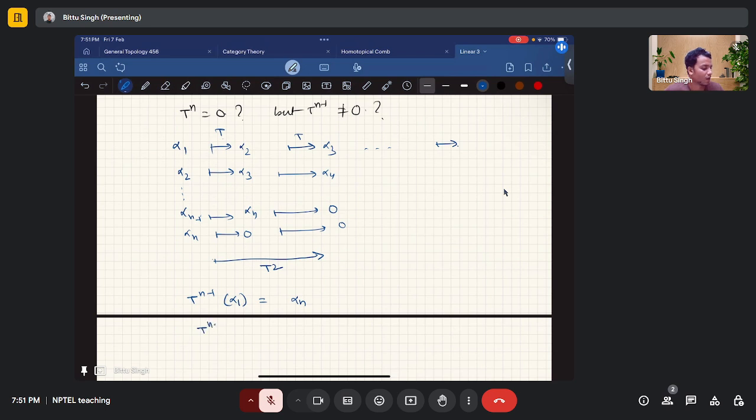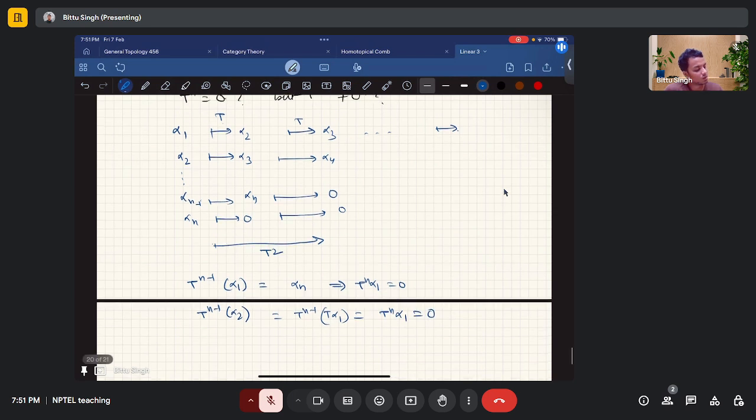Similarly, T to the power n minus 1 alpha 2 is the same as T to the power n minus 1 T alpha 1, because alpha 2 means T alpha 1, right? But this is the same as T to the power n alpha 1. From here it is clear that T to the power n alpha 1 is 0. So this is 0.